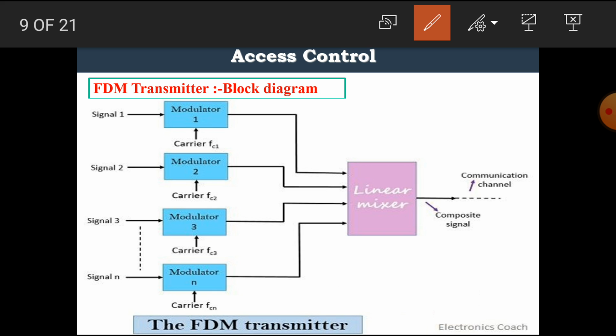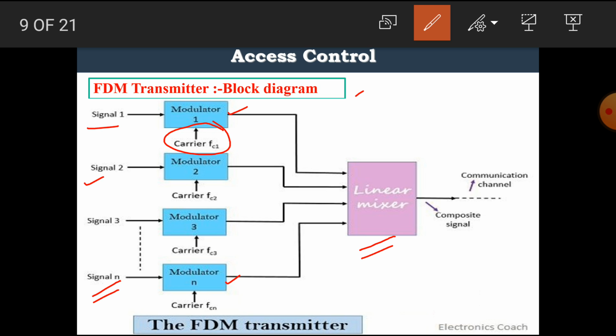Let's see the frequency division multiplexing transmitter block diagram. In this block diagram, we can clearly see that there are n number of signals which are given to the linear mixer through n number of modulators. That means signal 1 is given to modulator 1, which is modulated at the carrier frequency fc1.